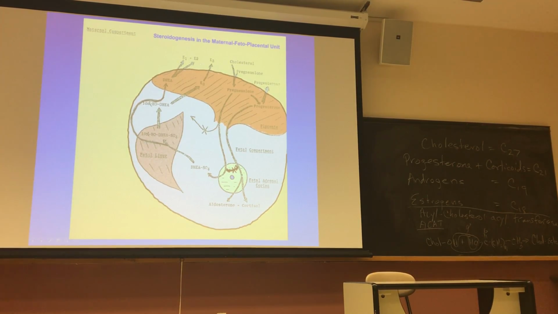Because these control, for instance, the expression of binding proteins in her liver. And those binding proteins include the ones for thyroid hormone, for sex steroids, for a number of other things. But it's a combination of enzymes in placenta, in the fetal adrenal cortex, and the fetal liver that allow the production of these steroids.